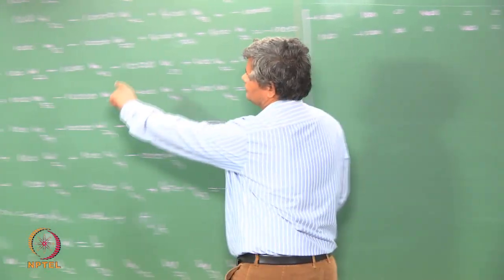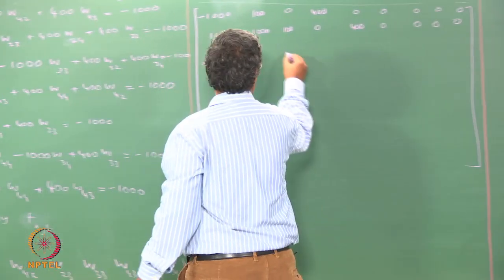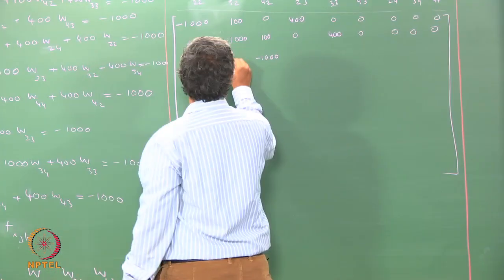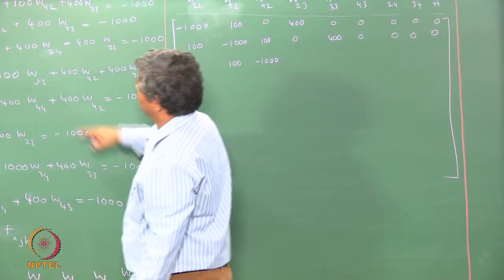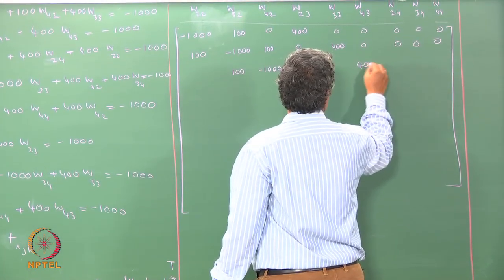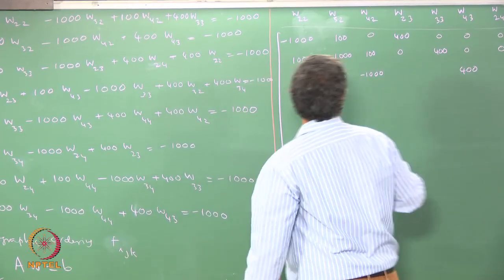Now, we take this one here, W42 is minus 1000, W32 is 100, W43 is 400, and all the others are 0.